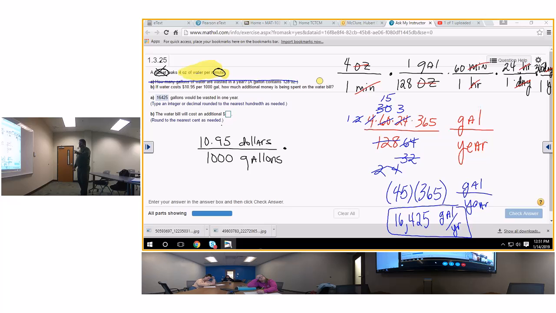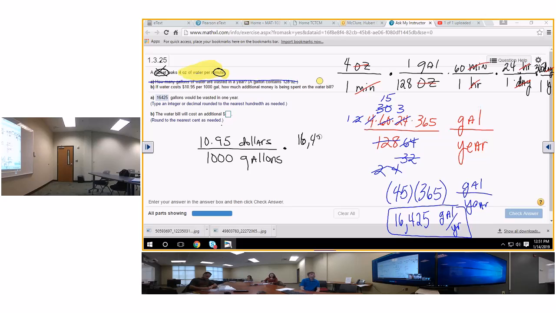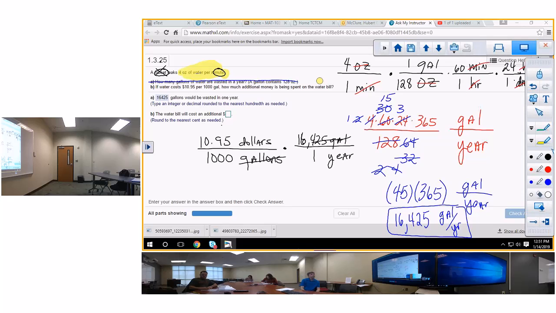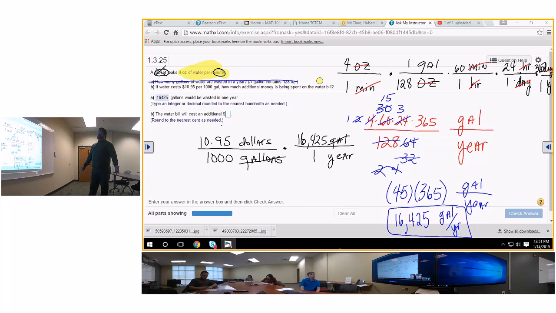So 16,425 gallons will go on top. 16,425 gallons per one what? Year. And the gallons cancel. Oops, sorry. The gallons cancel, and what do we have unit-wise? Dollars per year. That's what we need, dollars.